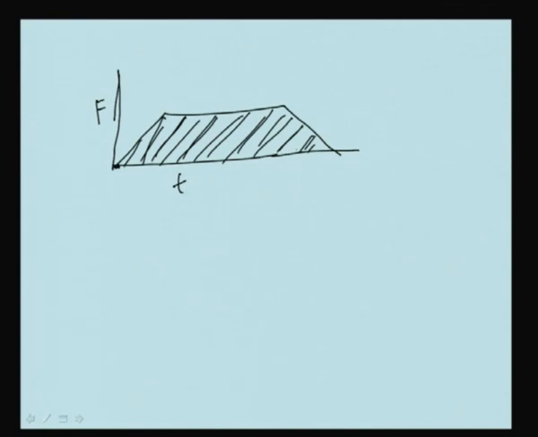Now, in the last lecture we did a problem where a heavy truck and a light car are both moving with the same kinetic energy. If an equal amount of braking force is applied, which one will stop by covering less distance?